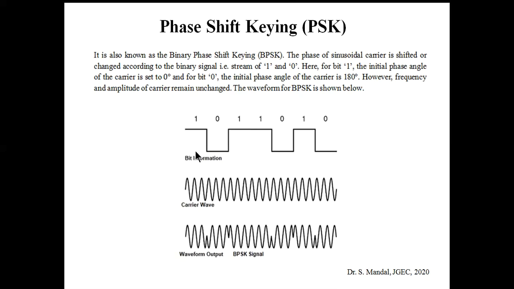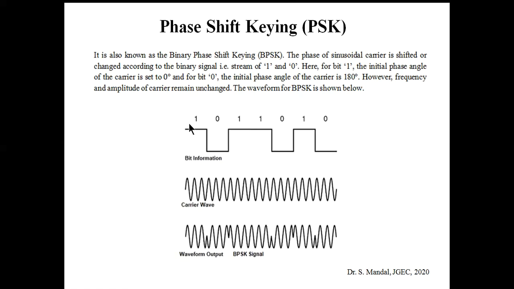So we can see that this one is an arbitrary bit sequence like 10111010, and this one is the carrier wave. After the BPSK signal generation, we can see that whenever there is 0, the corresponding phase of the carrier signal will be changed like this.